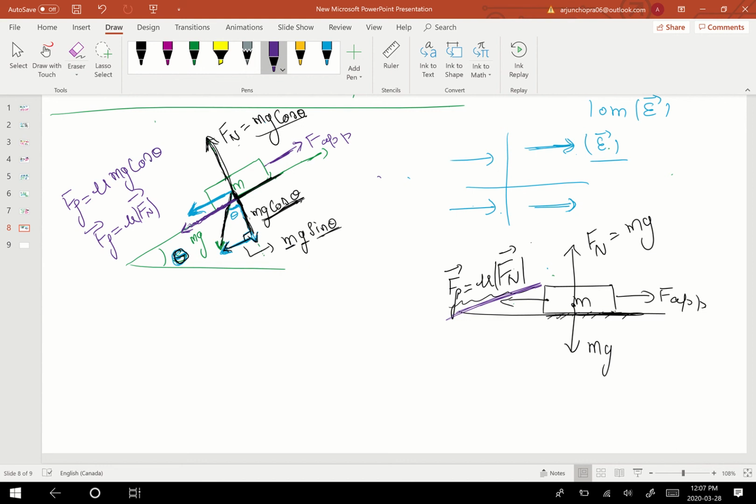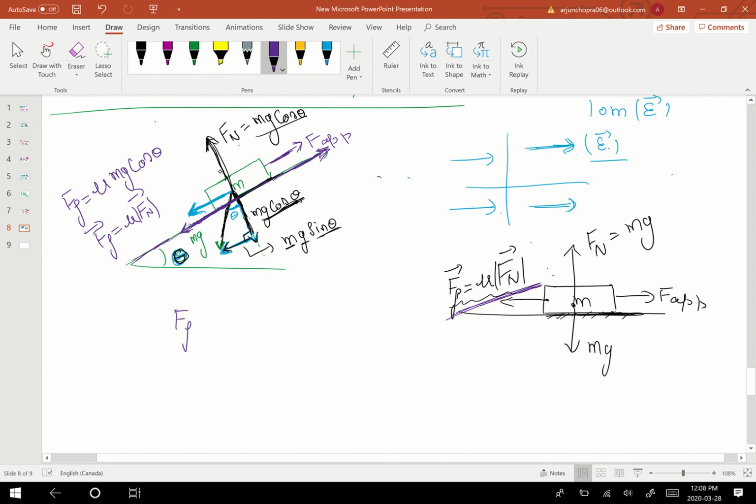Now I wanted to solve all the forces which are acting on an inclined plane. That's what we said at the beginning of this video. That's our objective. What are the forces acting along the inclined plane, along these directions? That's what we wanted to resolve, and that's what is of our interest. Now there are three forces.